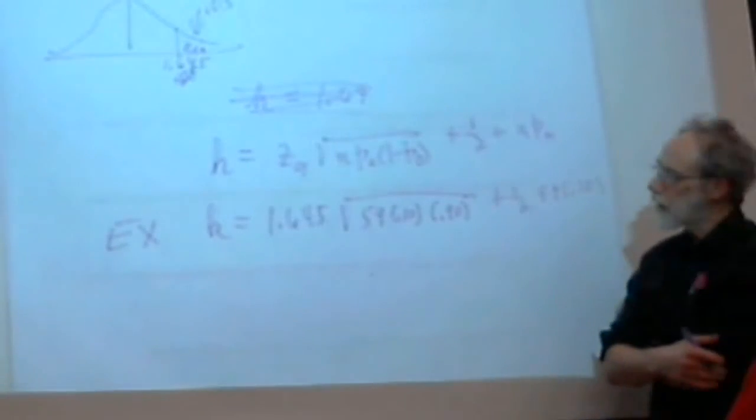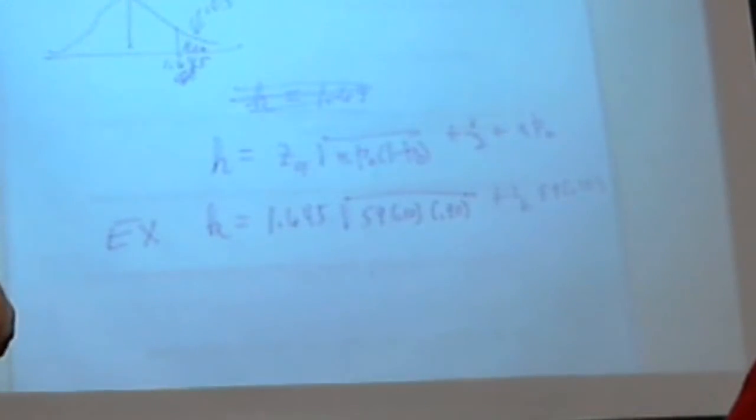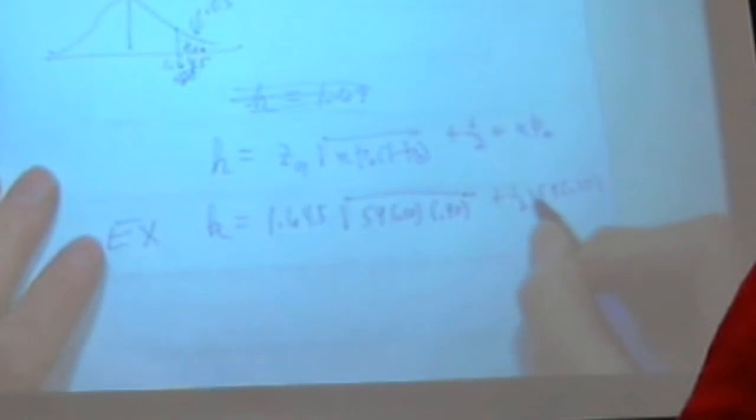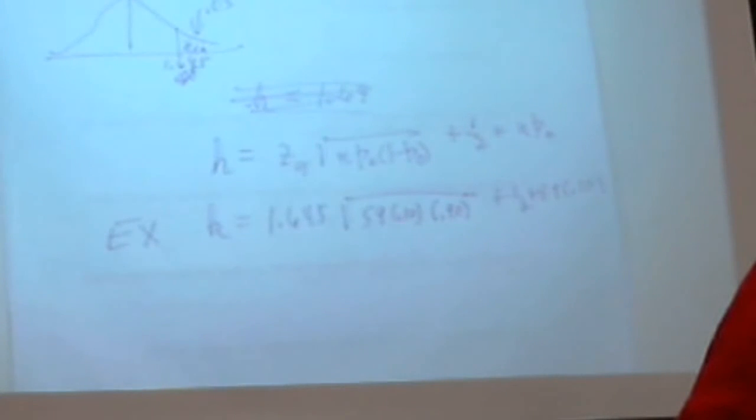Okay, so now I can solve for K, and then I know what K will be. Right? So it's 10.19.